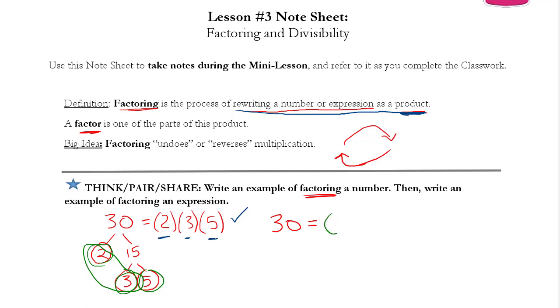I could also write it as 6(5), since 5 is what's left over. That's another way to factor it. I'm still rewriting this number as a product, so that still works. I could take another combination. Instead of 6(5), I could rewrite this as 10(3).